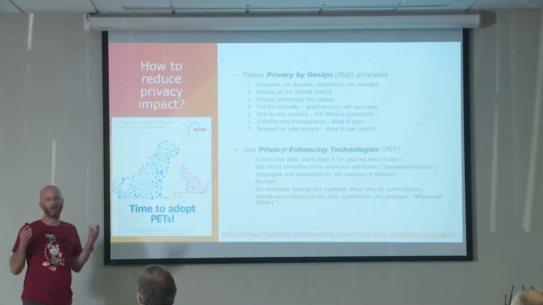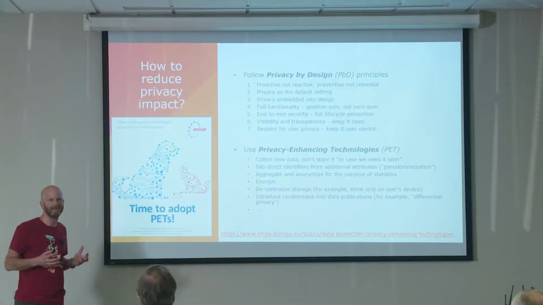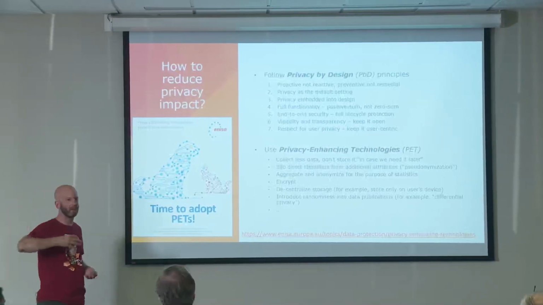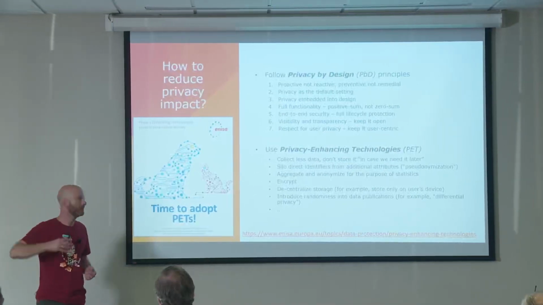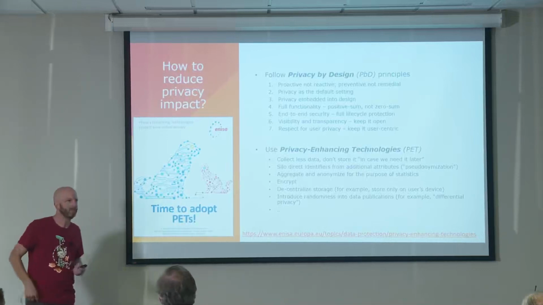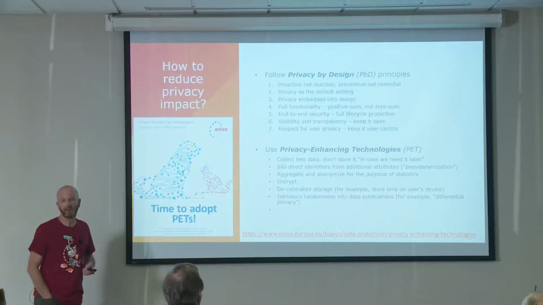And then, what are the controls available, the technical or organizational measures we can use to reduce the privacy impact we might be causing? There are two buzzwords that, if you're interested, you can dive into.